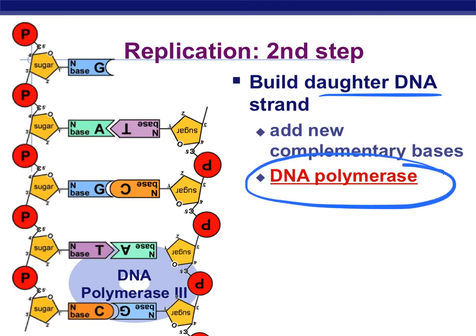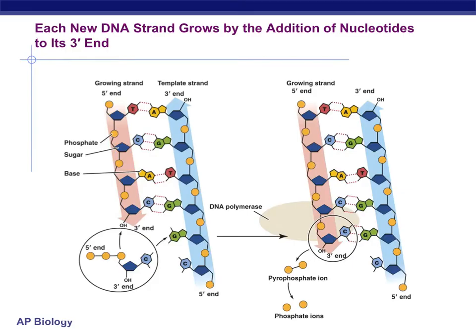There's actually a couple different types of DNA polymerase, but we don't really need to distinguish between them. DNA polymerase is the enzyme that binds the new nucleotides into place. So this is just showing you again, remember that we are reading the original template strand from the 3' end to the 5' end.